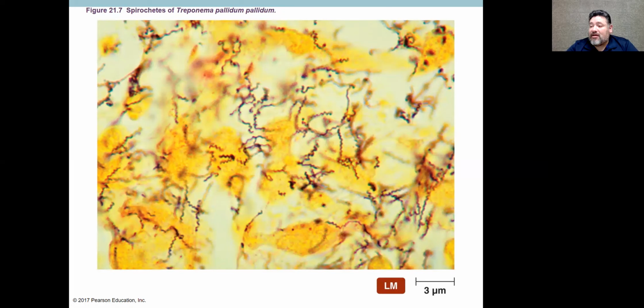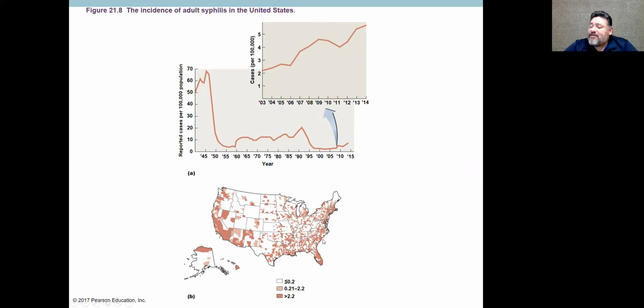Here's the incidence of syphilis. You can see that we're looking at predominantly the southwest and southeast, and mostly cleared in the central United States.